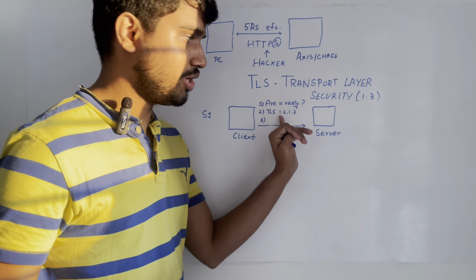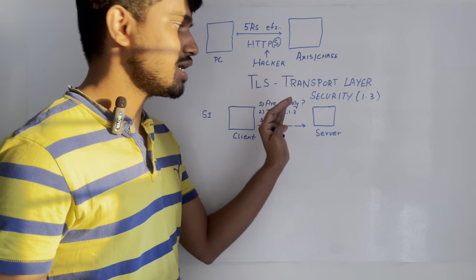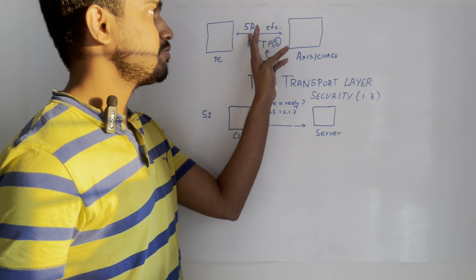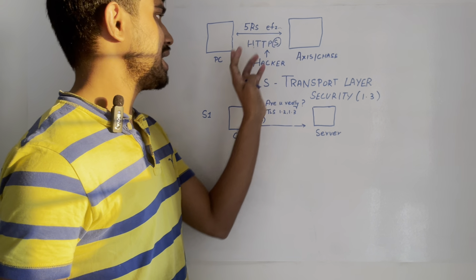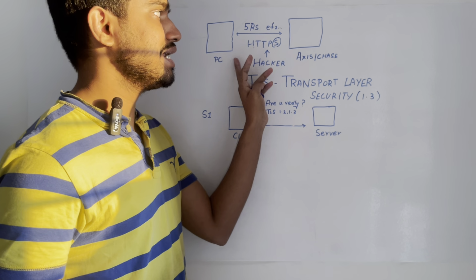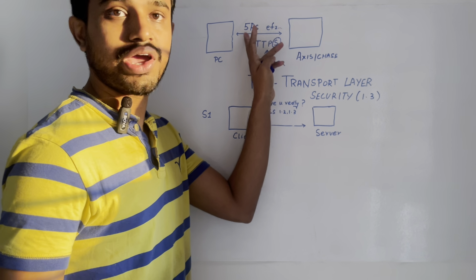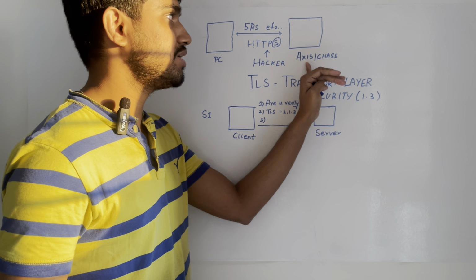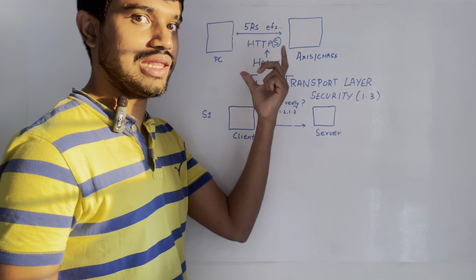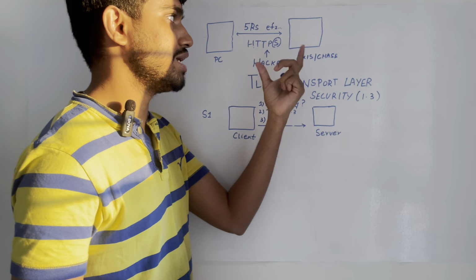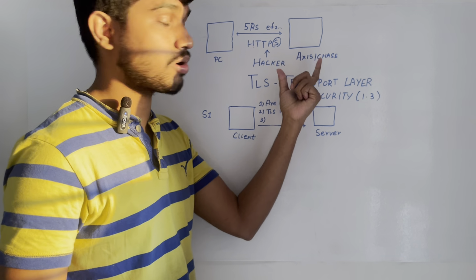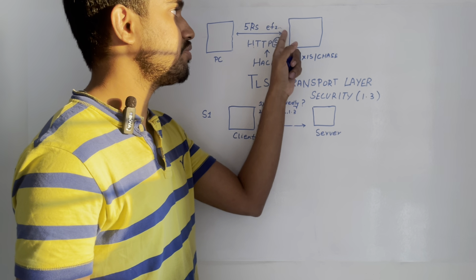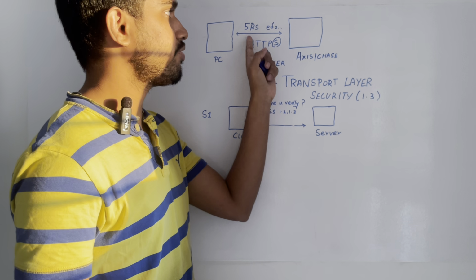in order to do TLS, there needs to be a mathematical algorithm. Why do we need that? To convert 5 rupees to EFZ at your PC, and then to convert EFZ to 5 rupees at the Axis Bank's server. So a mathematical function or an algorithm needs to be there so that it is very strong, and any hacker who sees EFZ will not be able to convert EFZ into 5 or 5 into EFZ.